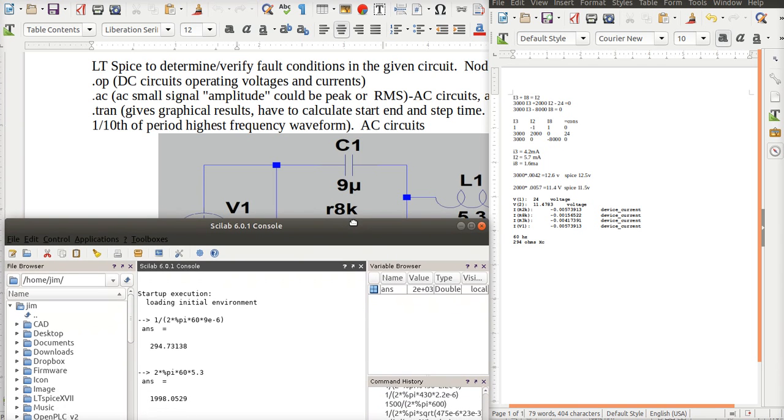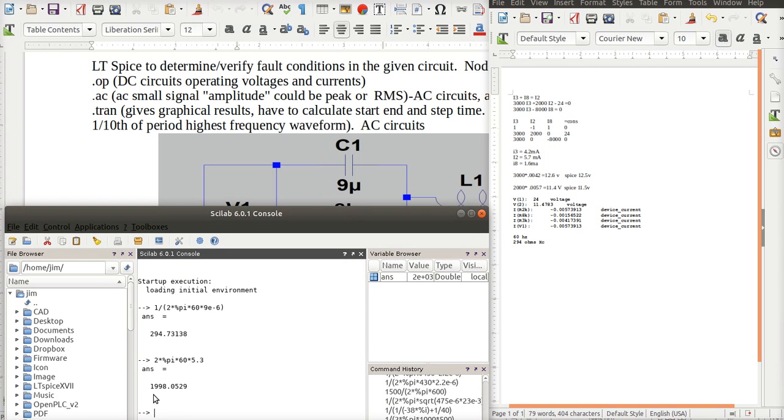And I have to scroll Scilab up, and I've got about a 1998, so we'll call it a 2000 ohm XL. So I've got about 2000 ohms of XL. Capital X, lowercase l. It's actually a subscript.